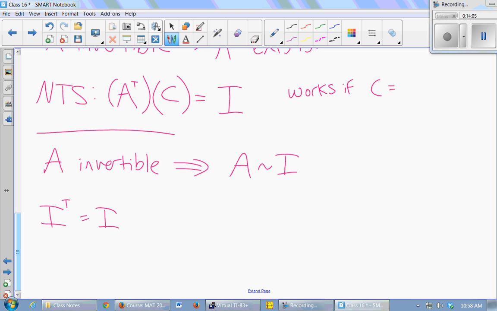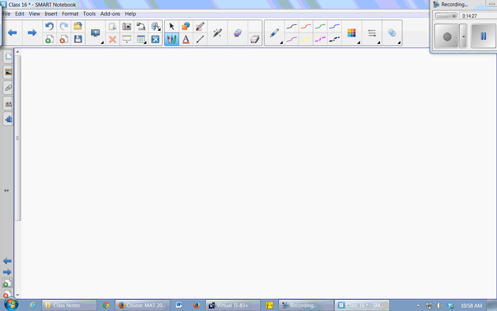C is what we're looking for. Is that the same thing as A inverse transpose? If you use A inverse transpose, it'll work. So A transpose times A inverse transpose should give us the identity.